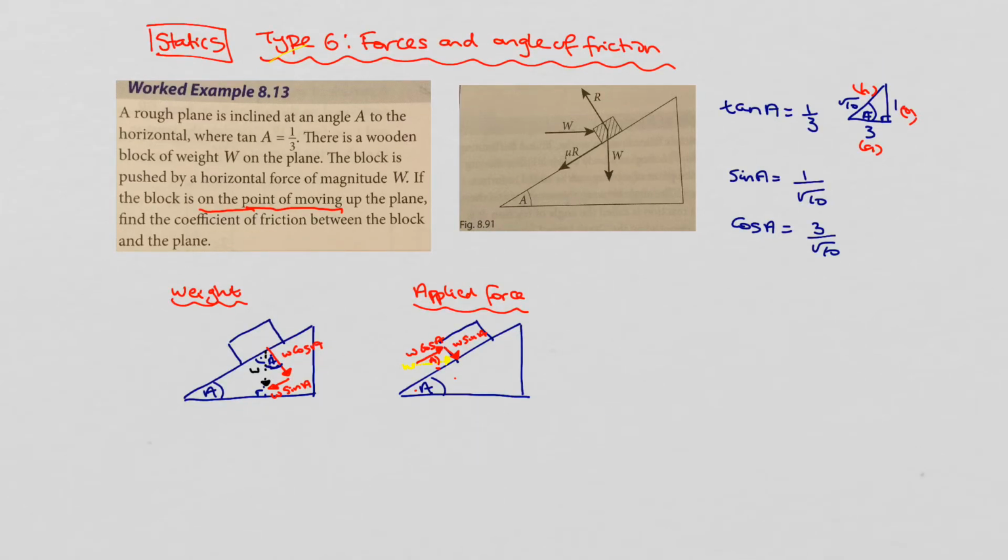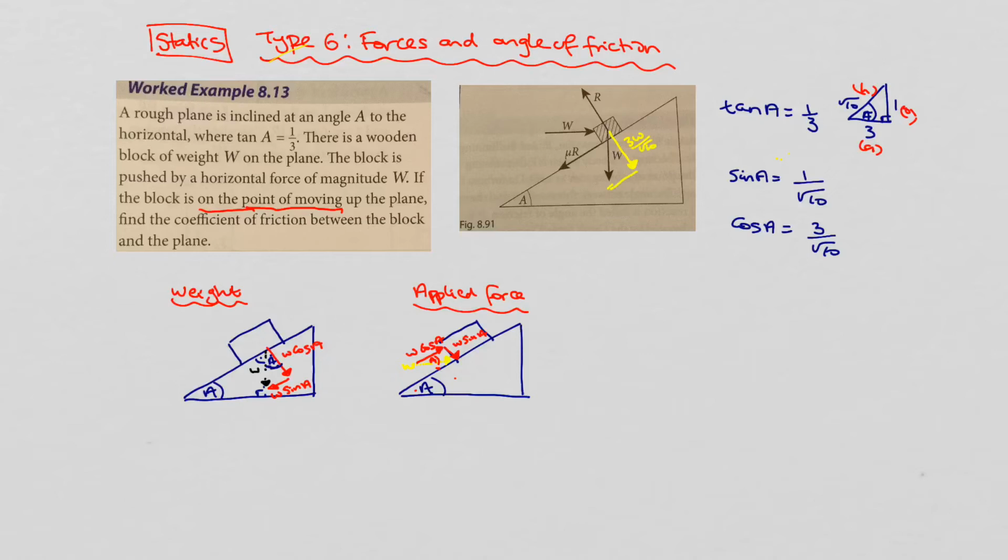If I put that on one diagram so we can see all of the up and down, left and right forces, I'm going to use yellow here so we can see all of the actual forces, because we need to make sure that when we resolve our forces they're in different colours. The weight on the block first: we had W cos A, and cos A is 3 over root 10, so that's 3W over root 10.